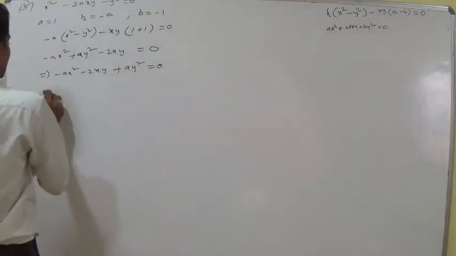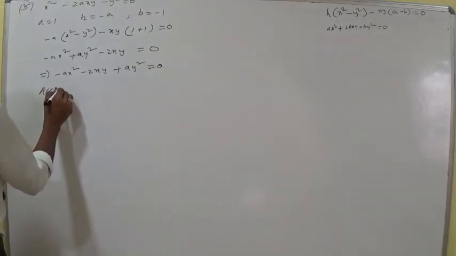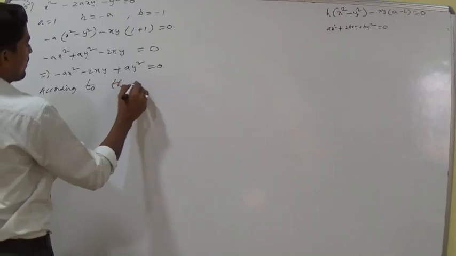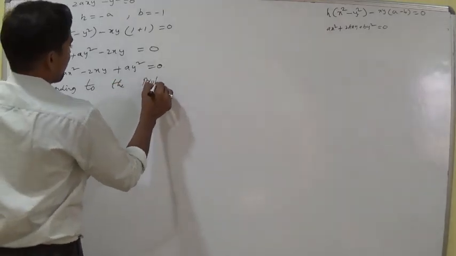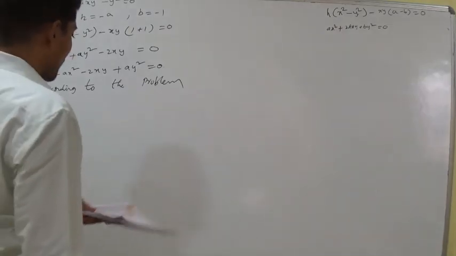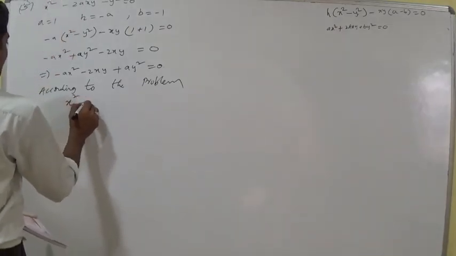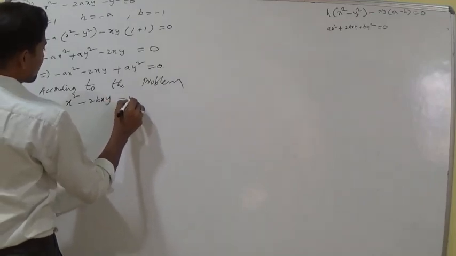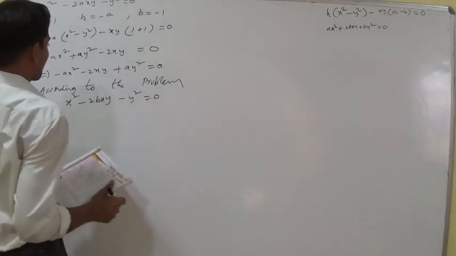But according to the problem, he has given x square minus 2bxy minus y square is equal to 0.